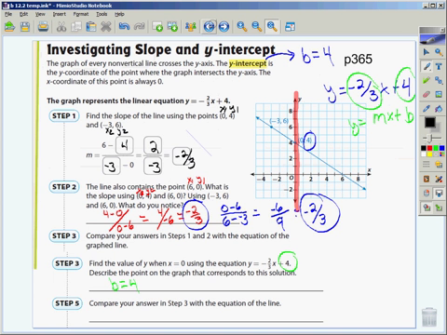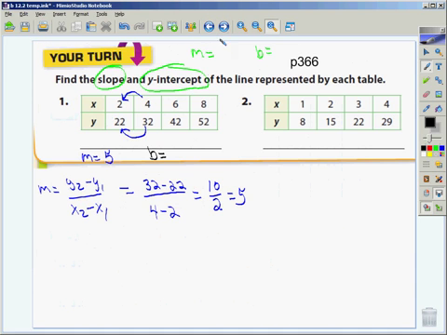Well, let's go back here and look at what it says the y-intercept is. It says the y-intercept is where the x-coordinate would be what? 0, right? Well, what if x was 0? You're right, David. How do you know? Look at the pattern. To get from 4 to 2, I took away what?